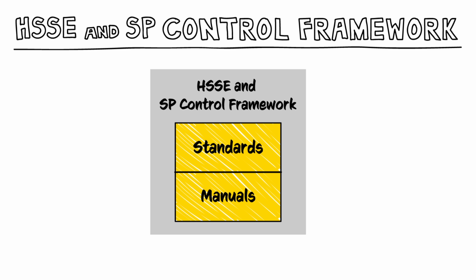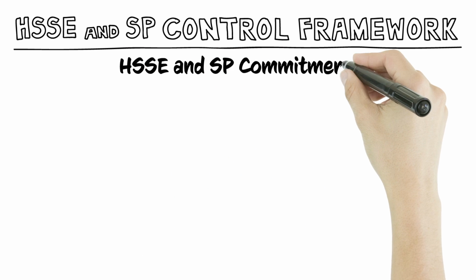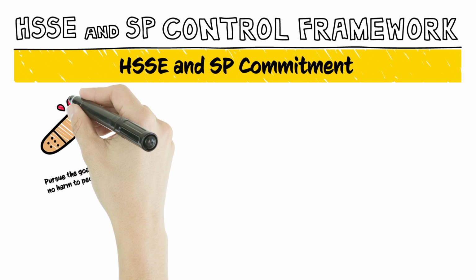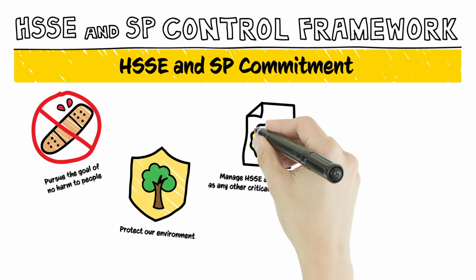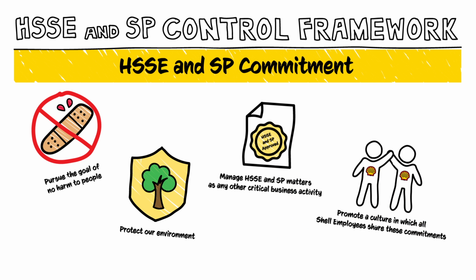The Shell HSSE and SP Control Framework mandates a commitment and a policy. The HSSE and SP commitment includes: pursue the goal of no harm to people, protect our environment, manage HSSE and SP matters as any other critical business activity, and promote a culture in which all Shell employees share these commitments.